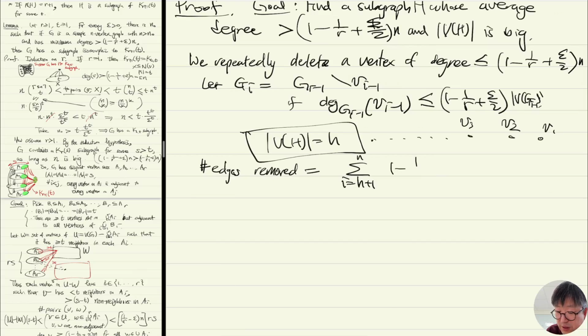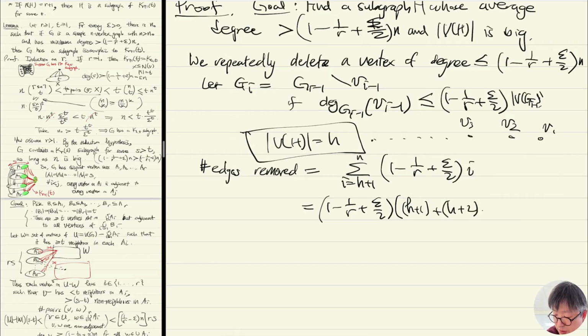We deleted 1 minus 1 over r plus epsilon over 2 times i. So this is h plus 1, h plus 2, up to n. That's the number of edges that we remove.